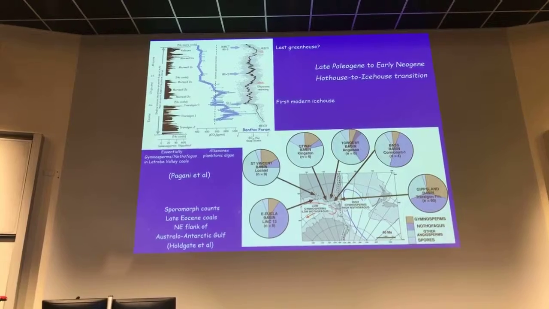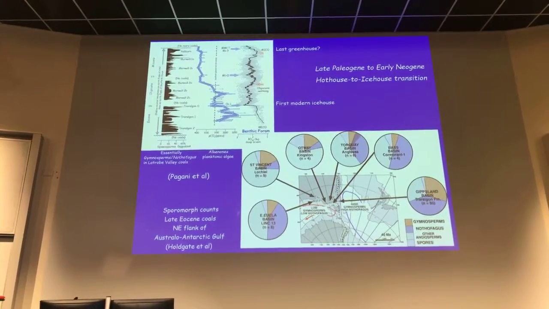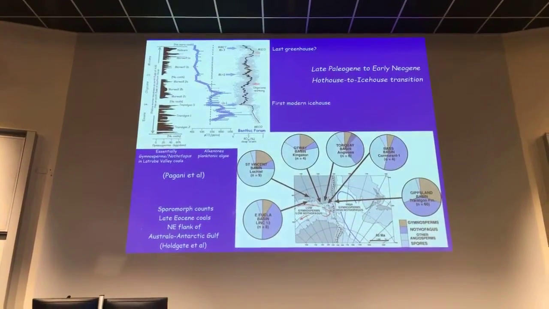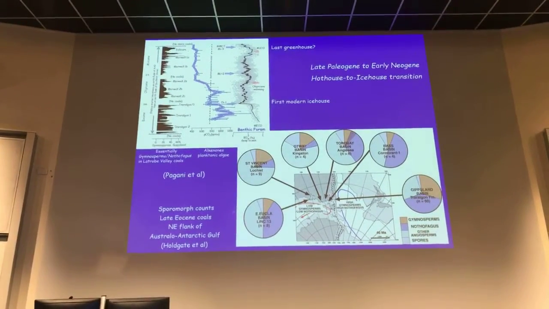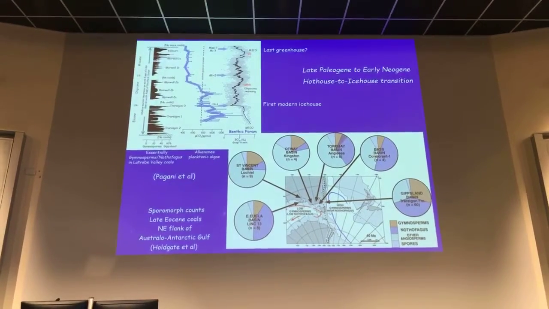Okay, well then at about 34, this all changes. And we see it up here in the coals in Gippsland, where they've done a series of ratios, hundreds of them actually.